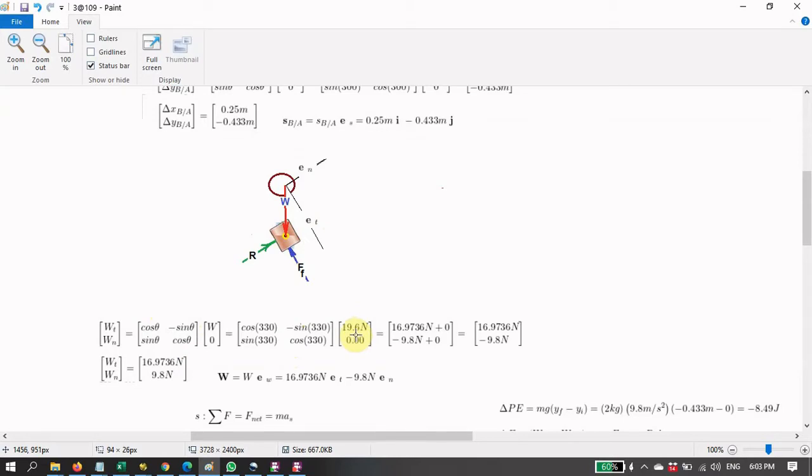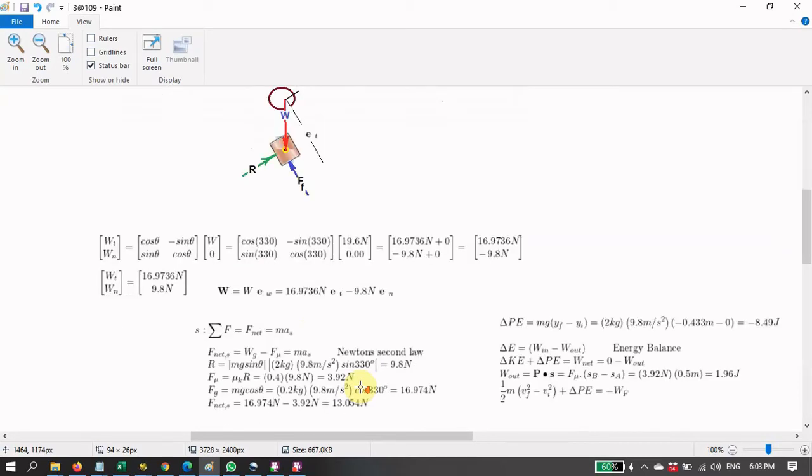We are taking gravitational acceleration as 9.8, and from here we obtain the weight force vector in the tangential normal coordinate system, which is 16.97 and minus 9.8 in the normal direction.